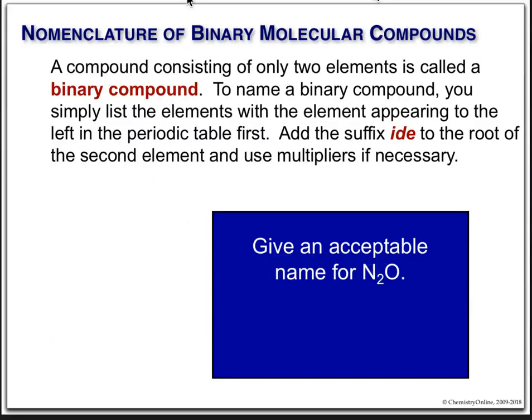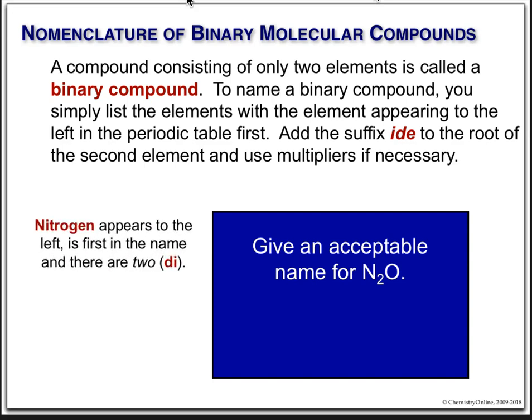N2O. Now we have 2 of our first element, right? So we have to use a multiplier here. 2 is di. All we're going to do is call this dinitrogen. Now, oxygen here is going to be oxide, but there's only 1 of them, right?